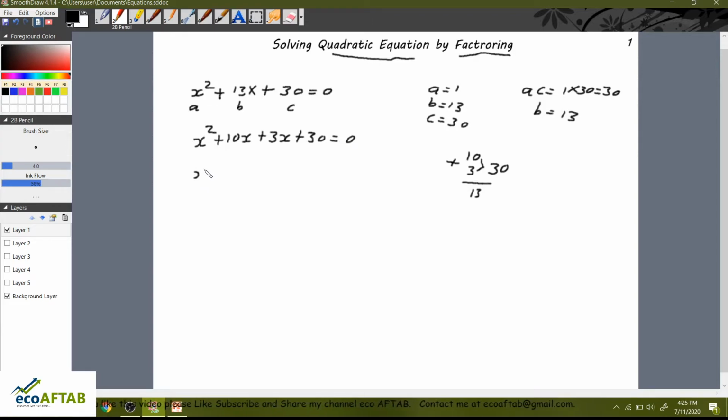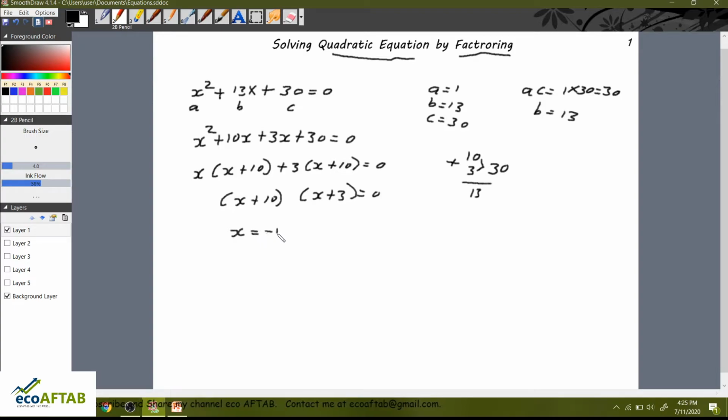Further solving it, x is common, so x into x plus 10, plus, here 3 is common, 3 into x plus 10 is equal to 0. So we have got x plus 10 and we have got x plus 3 is equal to 0. So through factoring, while solving the quadratic equation, we can say the value of x is equal to minus 10, or the value of x is equal to minus 3.